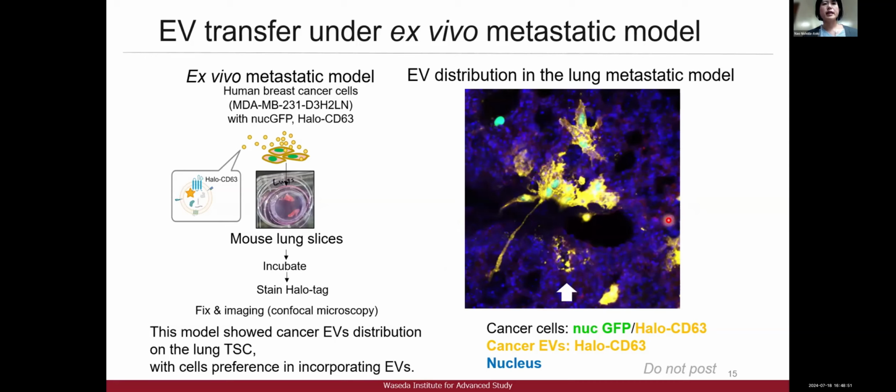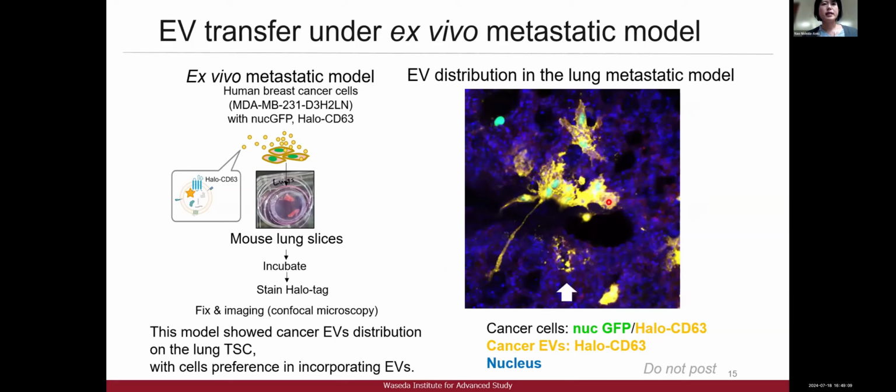Here the EVs are labeled in yellow, and the cancer cells have a CFP nucleus label, and all the other cells with blue nuclei are from the lung slice.